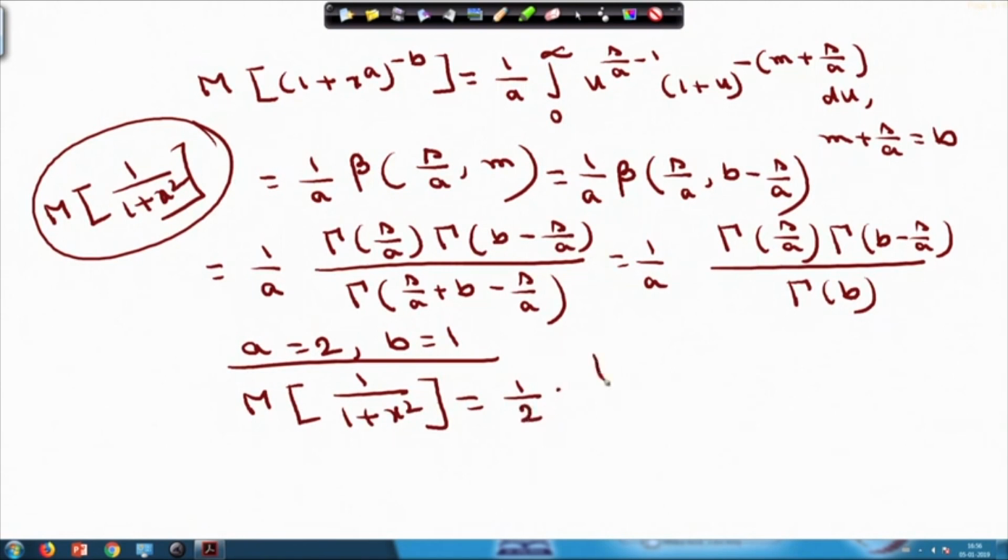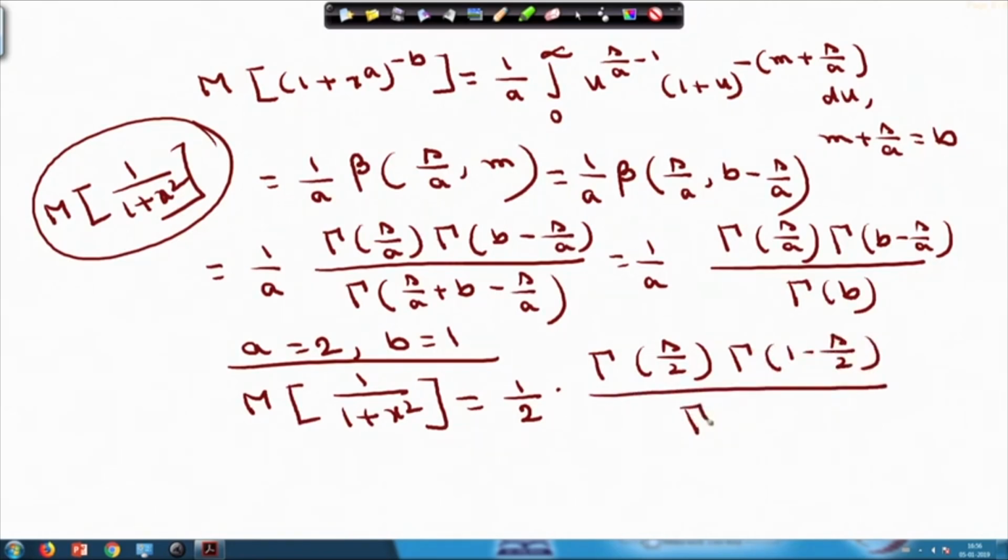So, half into gamma s by 2, into gamma b, where b is 1, so gamma of 1 minus s by 2, divided by gamma b, that is gamma 1. Therefore, Mellin transform of 1 divided by 1 plus x square equals half into gamma s by 2, gamma 1 minus s by 2, into gamma 1.